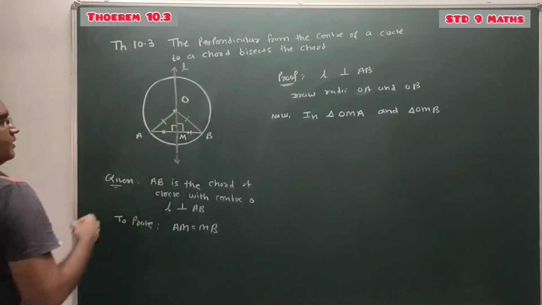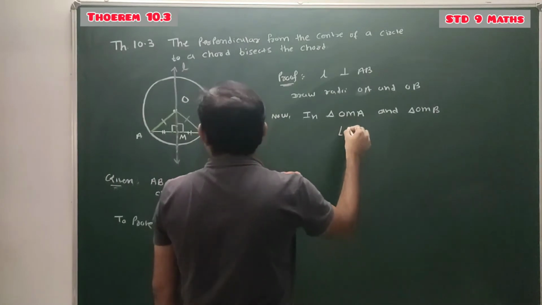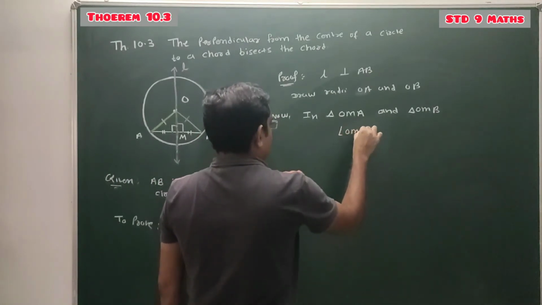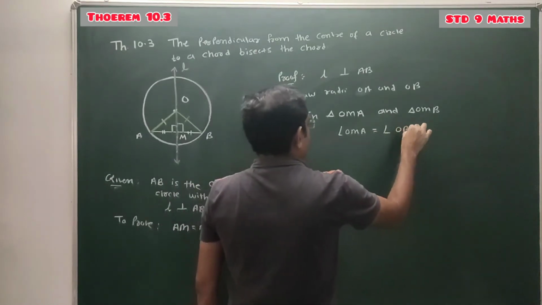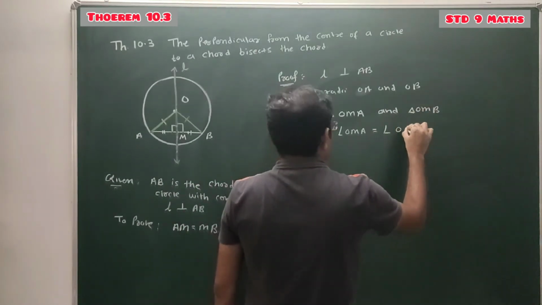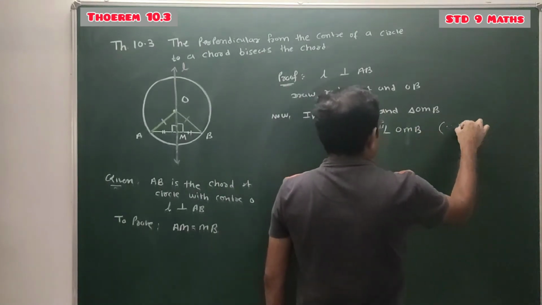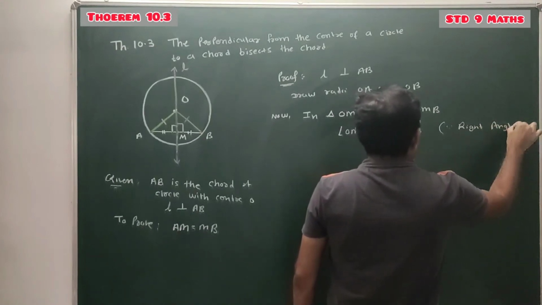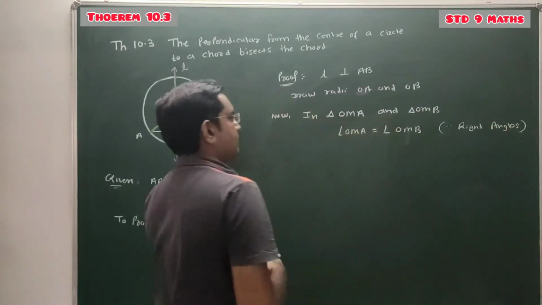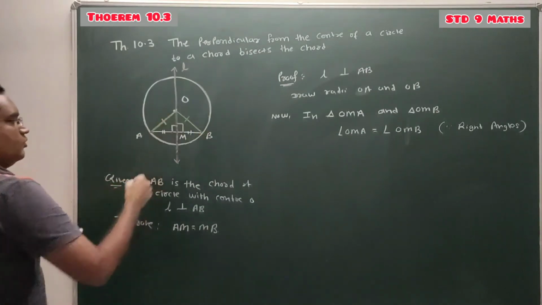So these two angles are 90 degrees. So here we can write measure of angle OMA equal to angle OMB. Reason is right angles, 90 degrees.